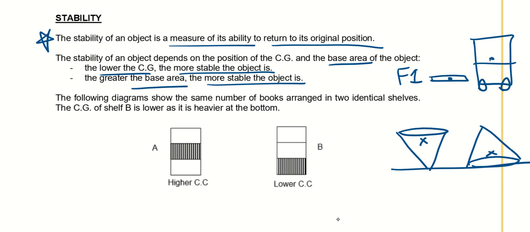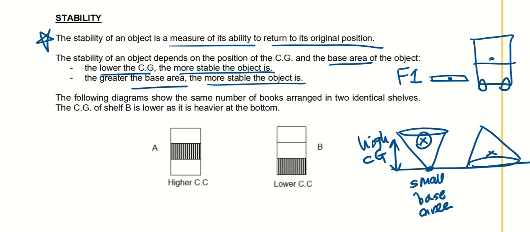You can see from here, the base area is very small. And because the mass is concentrated in this larger part, the CG to the ground is actually high. When we say high, it is the location.